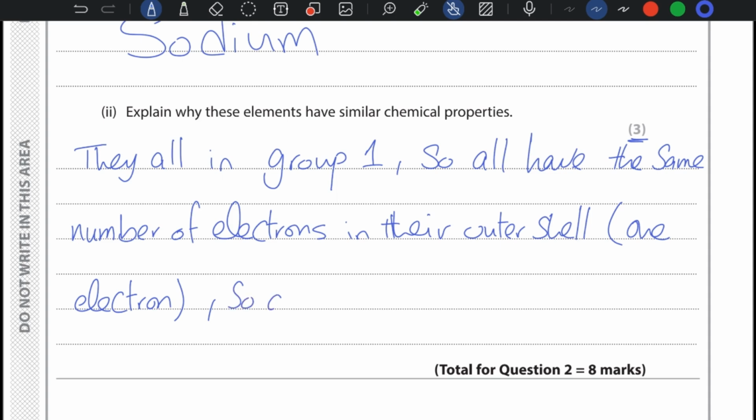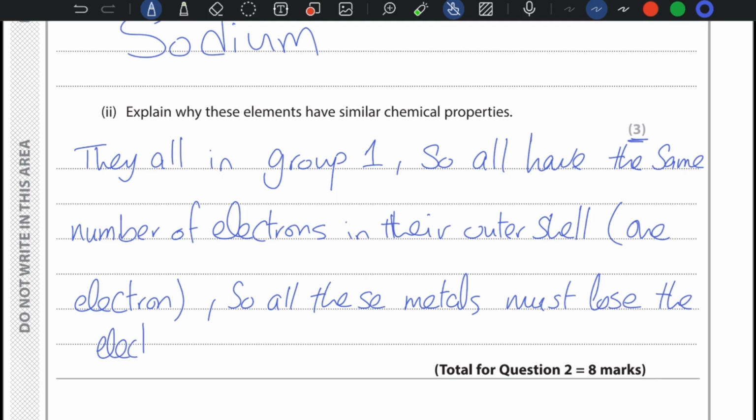So all these metals must lose the electron in the outer shell. That's the answer for this question.